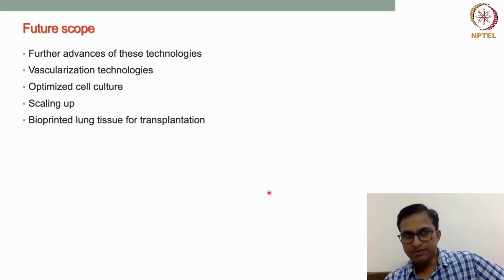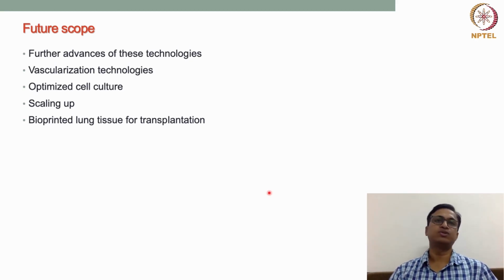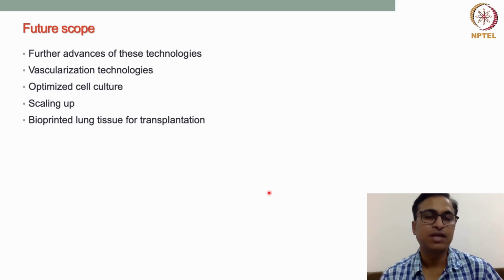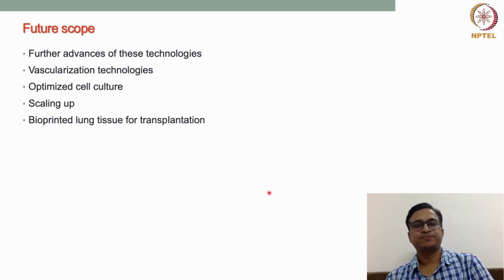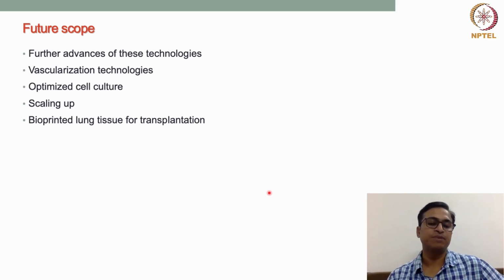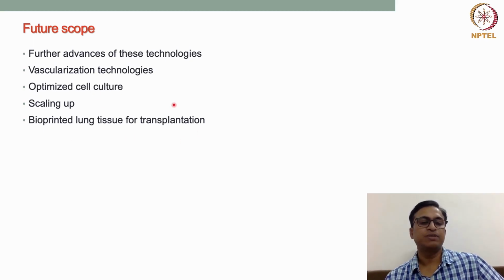And if that is possible, then it can save many patients who are awaiting transplants, and who mostly have end stage diseases. We can save many more patients if we can develop bioprinted lung tissue for transplantation.